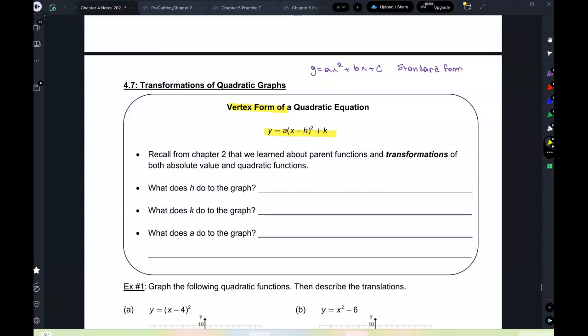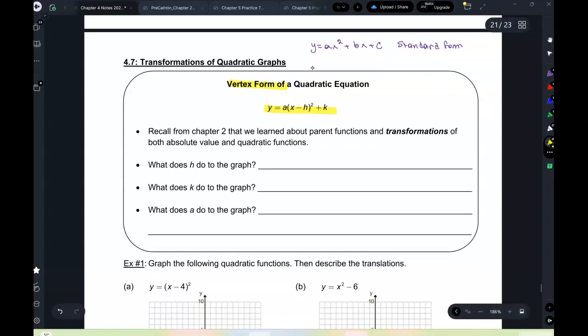You have to know what each of the different things does. So for example, this h here, do you guys remember what that h did to the graph? It moves the graph horizontally.